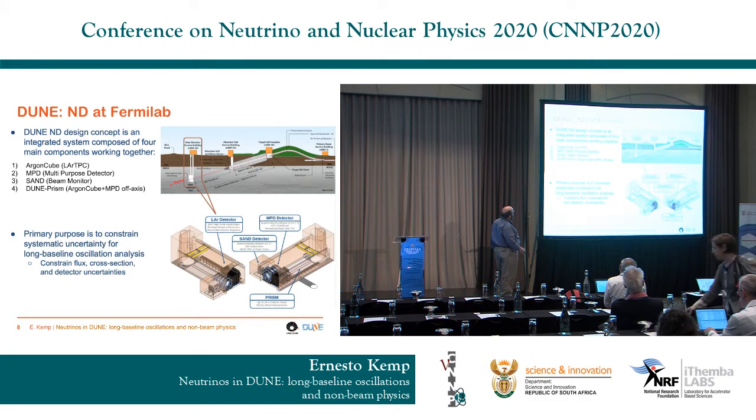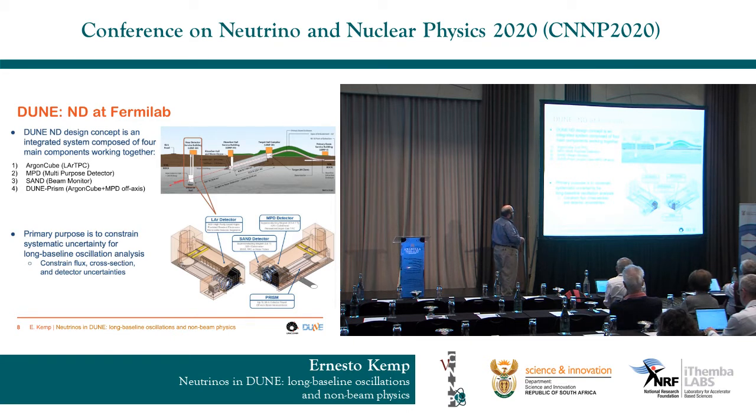About the Near Detector. The Near Detector, on the near side, as a matter of fact, is composed of 4 different detectors with different capabilities. The first one is the Argon cube, a reduced version of the Far Detector that we can see here. This is the beam direction that is shown here, the beam pipe. It's rotated, these 2 views.